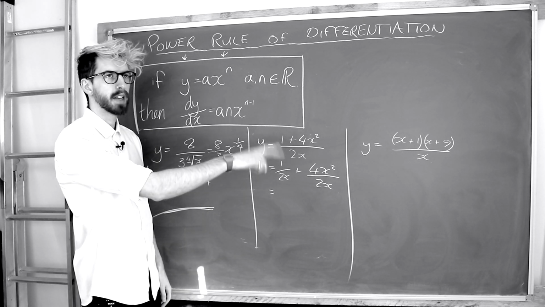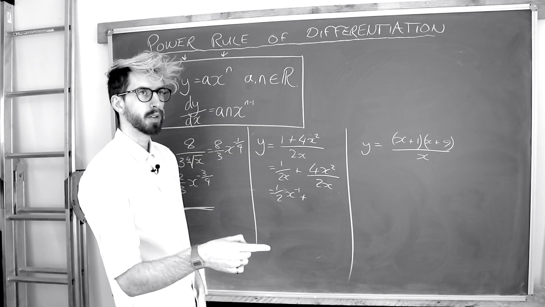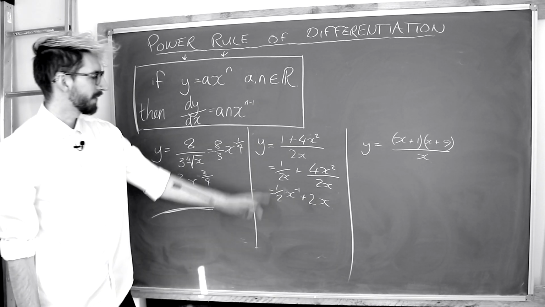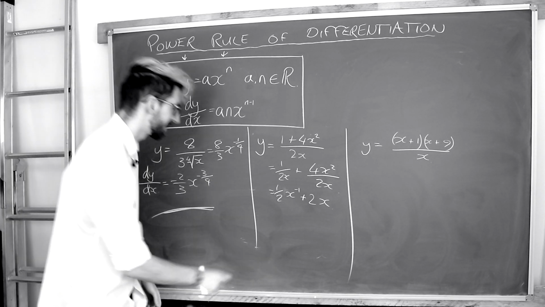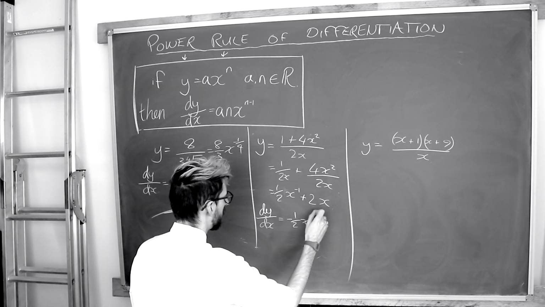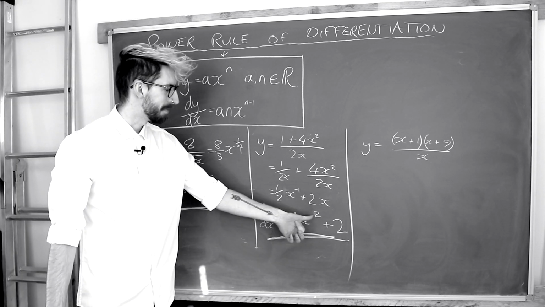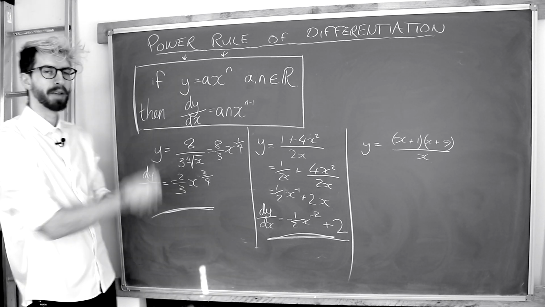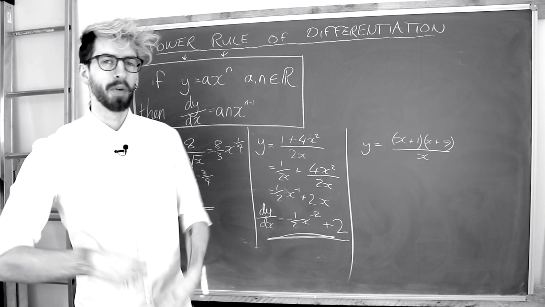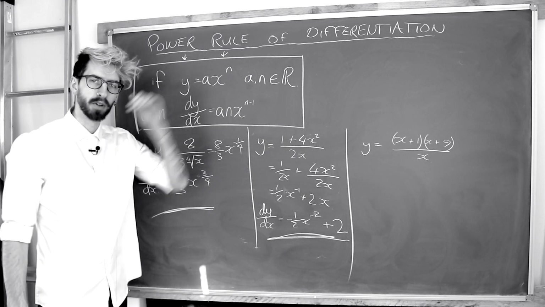Well, that's x on the bottom, so 4 divided by 2 is 2. Half x to the minus 1 plus 2x. So now we can go into doing the differentiation. Minus a half x to the power of minus 2 plus 2. This is great. We're just using the power rule over and over again with our laws of indices that we did donkeys ago.